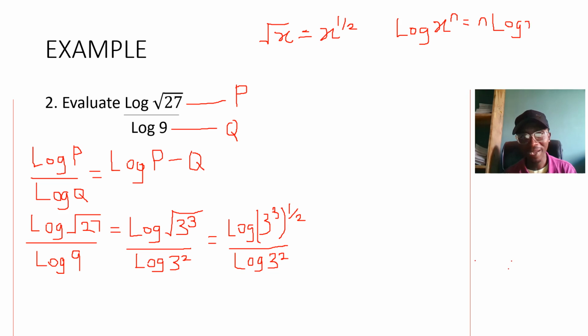Then if we apply this rule, that will make this come down and also make these two come down. But before we do that, we need to apply this rule of index that says x raised to the power of a, bracket b, equals x raised to power ab.